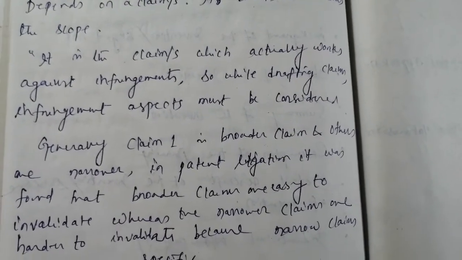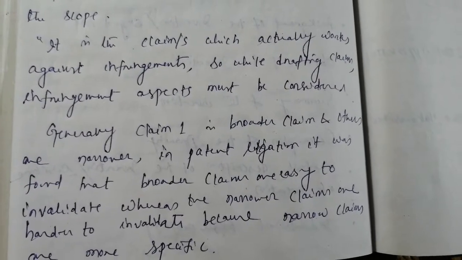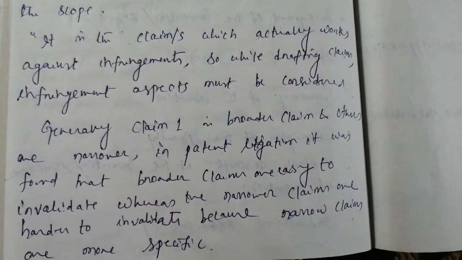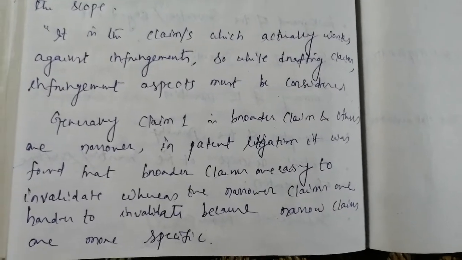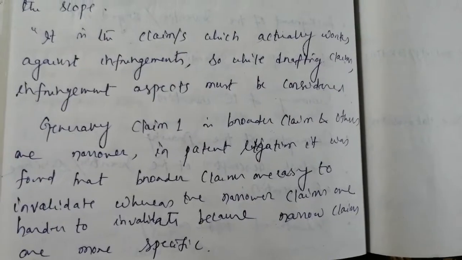In patent litigation, it is found that broader claims are easy to invalidate, whereas the narrower claims are harder to invalidate because narrow claims are more specific. Fine. Then dependent claims are more specific and so rigid, and these are very difficult to invalidate.